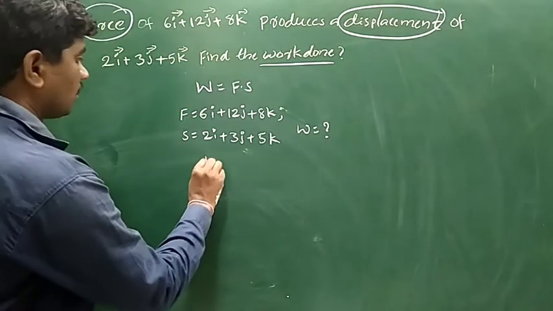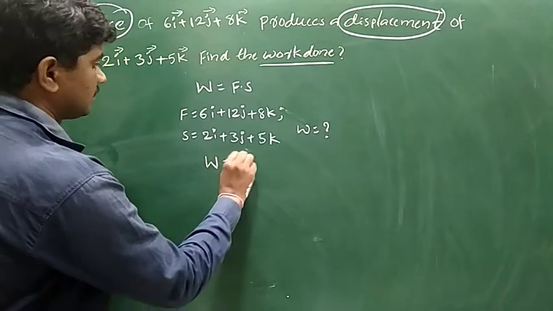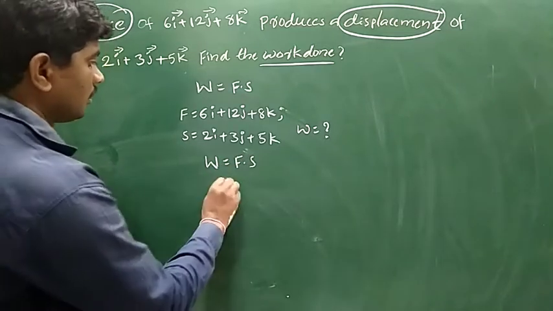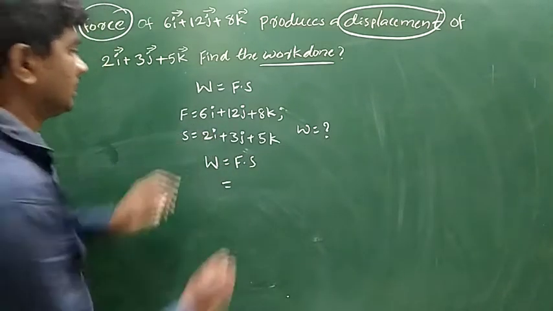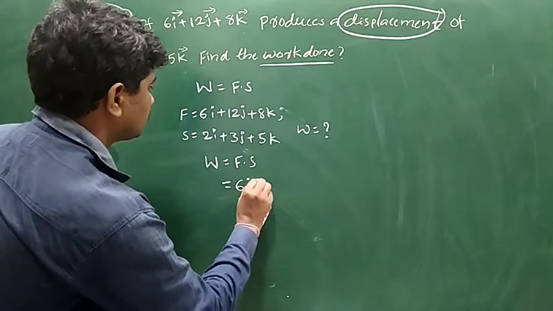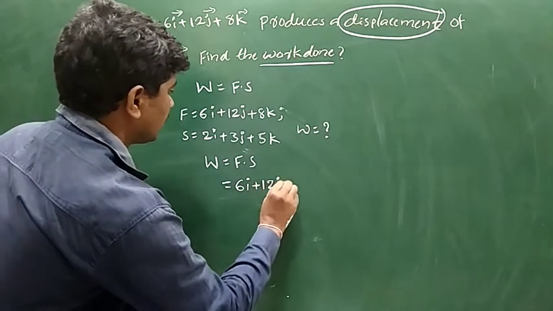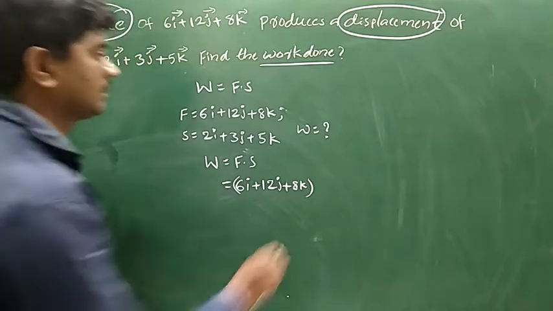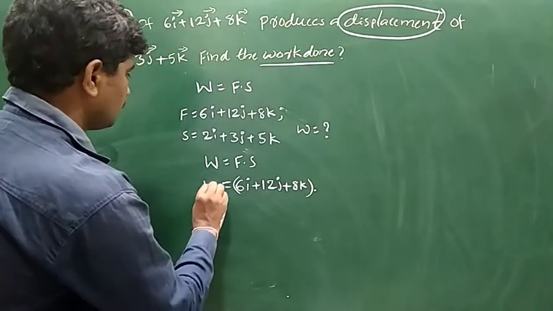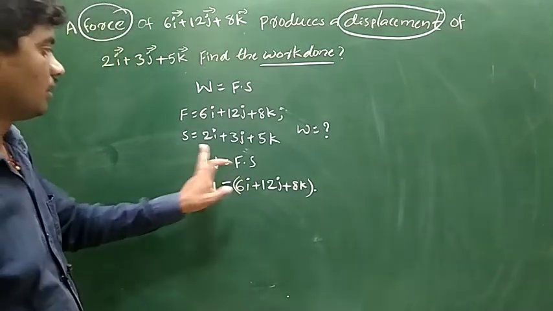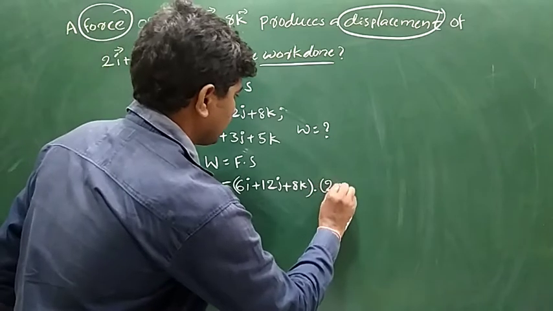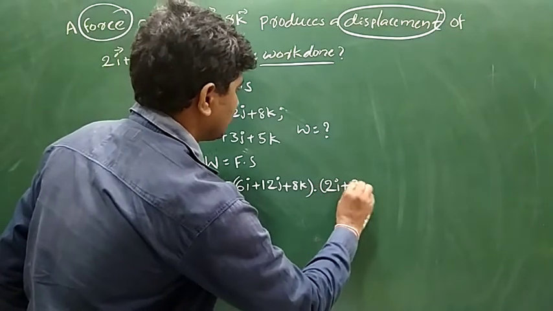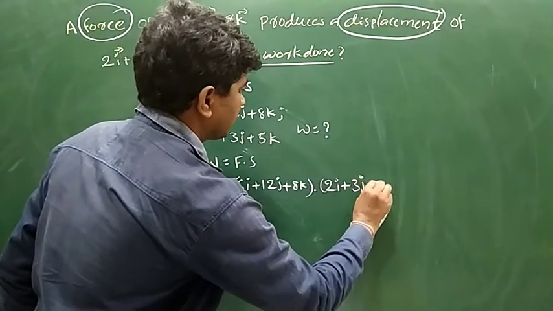Therefore, work done equals F dot S, where F equals 6i plus 12j plus 8k, the symbol is dot, and S equals 2i plus 3j plus 5k.